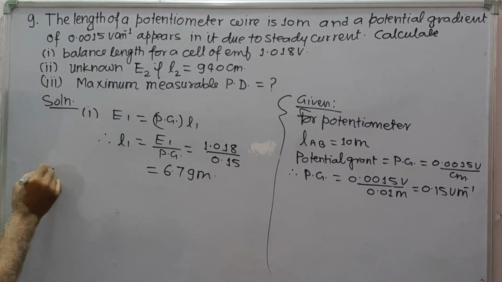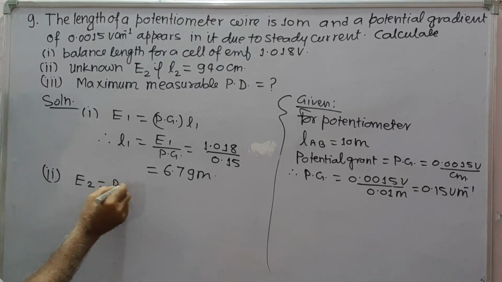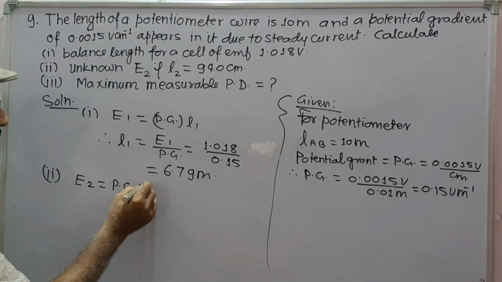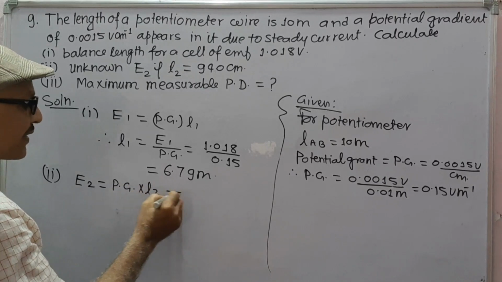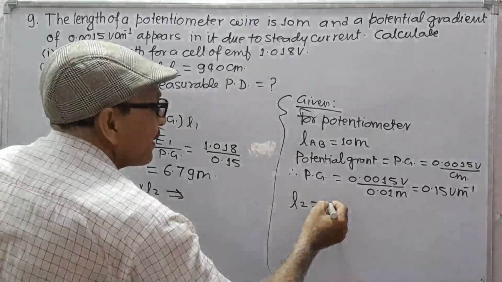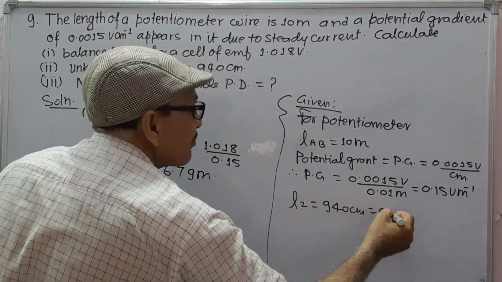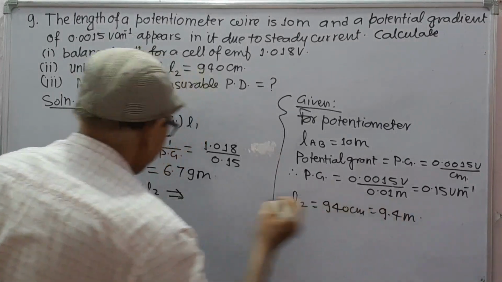Second part, E2 will be equal to potential gradient into L2. Therefore, here L2 is 940 cm, that is 9.4 meter.